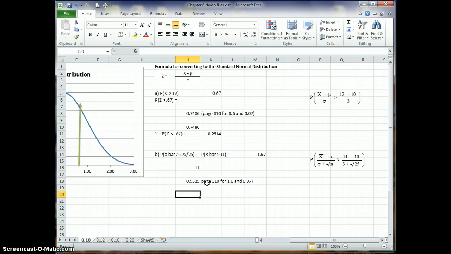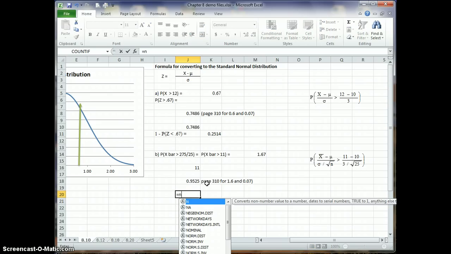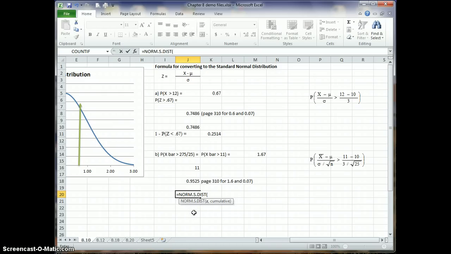Again I can verify that using the normal distribution function right here. So it's 1.67.